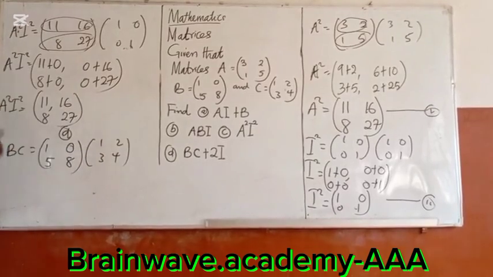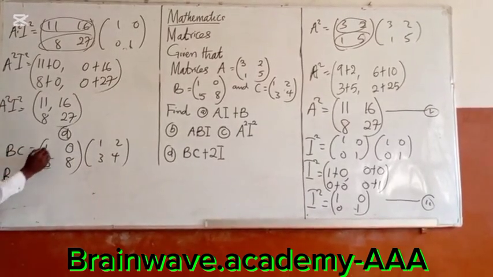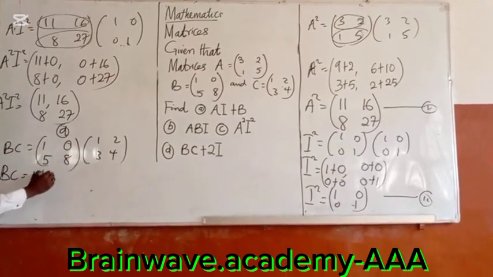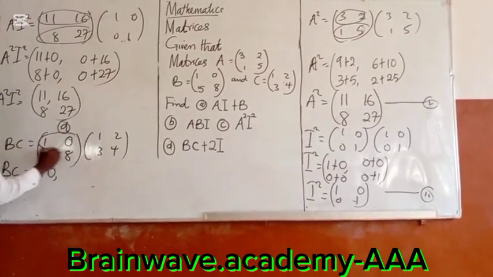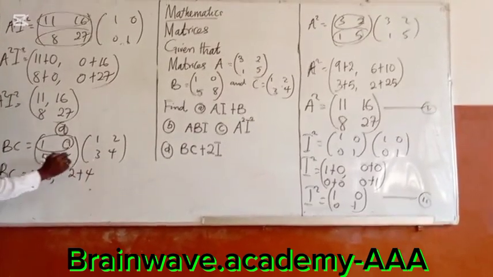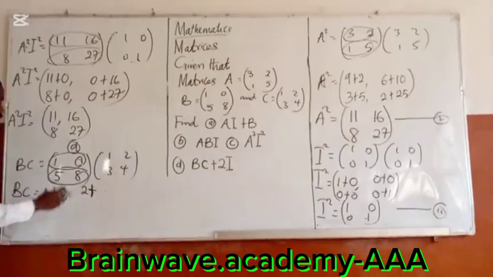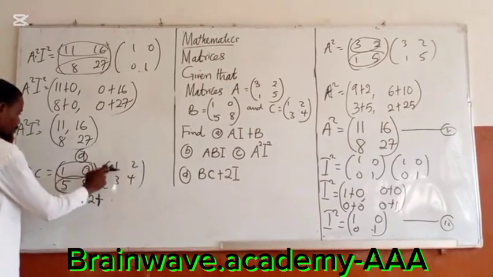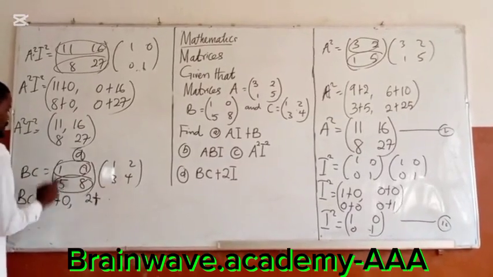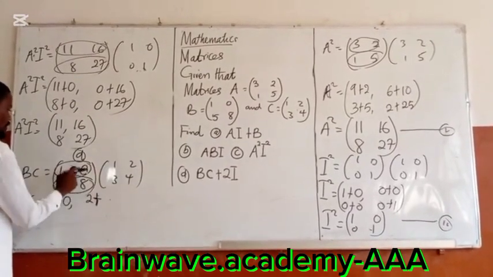1, 2, 3, 4. So BC is equal to 1 times 1 is 1 plus 0 times 3 is 0, then 1 times 2 is 2 plus 0 times 4 is 0.